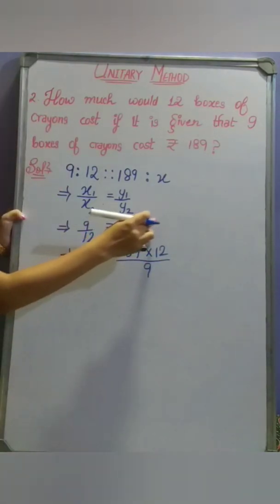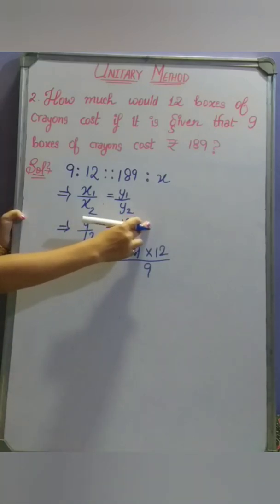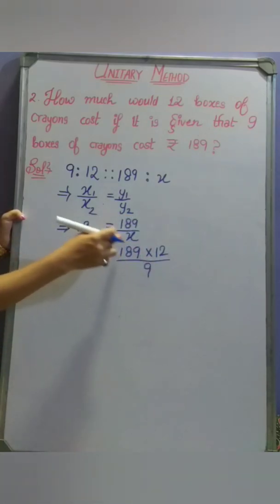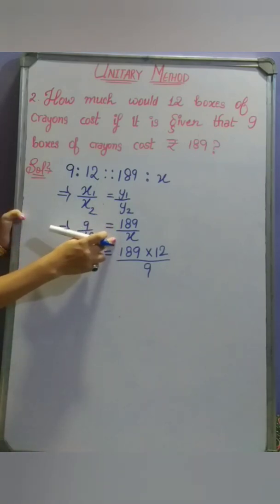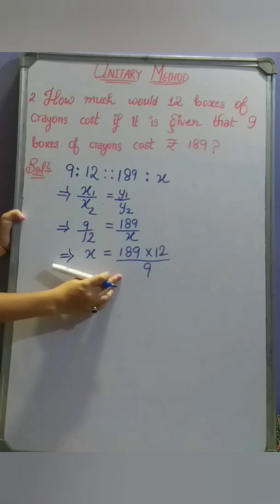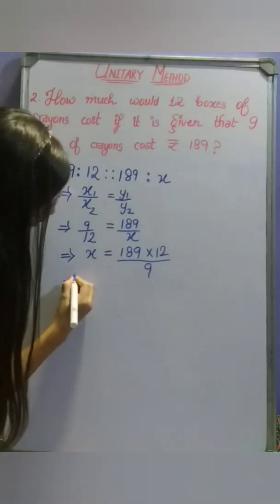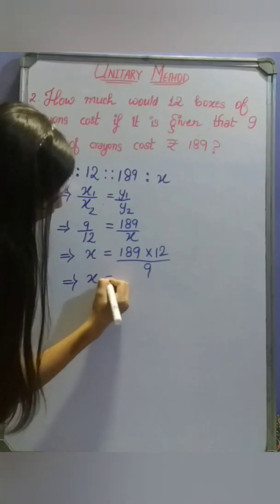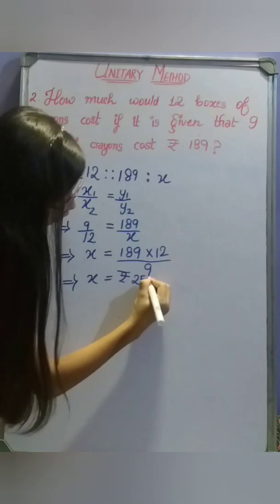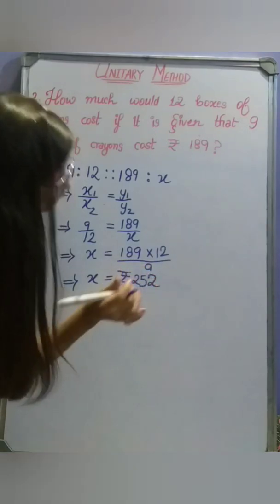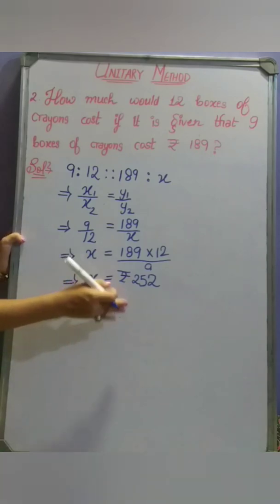Because this 12 will go to RHS, from division it's going to become multiplication. So 189 into 12. And this X will come to LHS and 9 will go to RHS into division. So it's going to become 189 into 12 by 9. So now we'll get the value of X to be rupees 252. So again we know that the cost of 12 boxes of crayons is rupees 252.